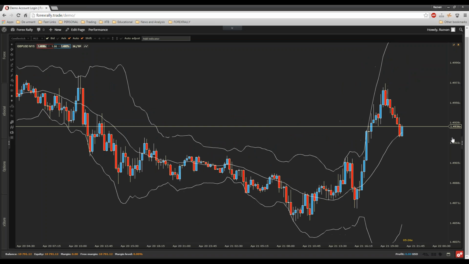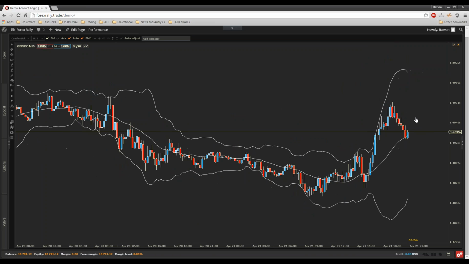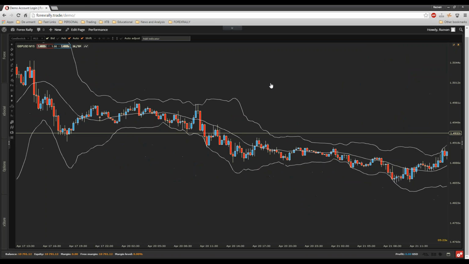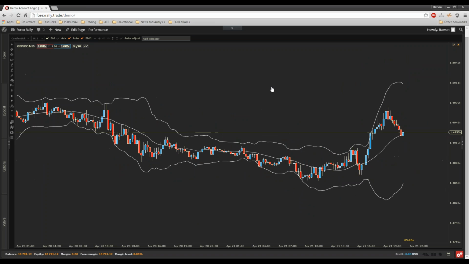Now, how I really like trading with Bollinger Bands: I will combine it with the direction of the trend because it will give you a higher probability to enter a good trade if you are using it in the direction of the main trend and not against the trend. You'll see that you'll get some false signals.